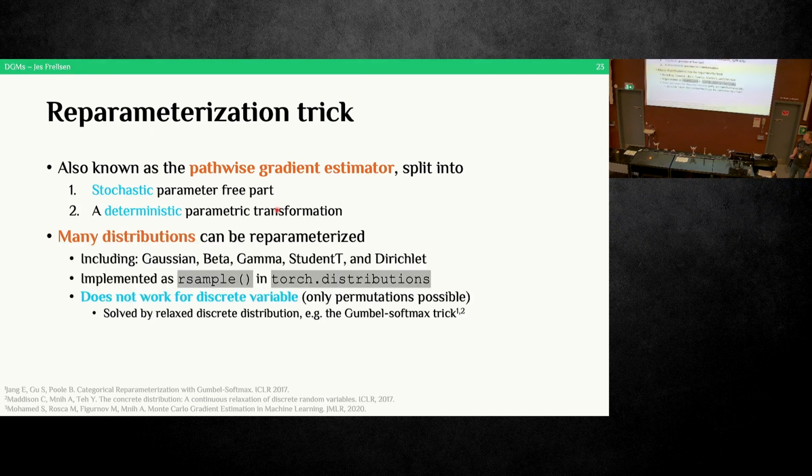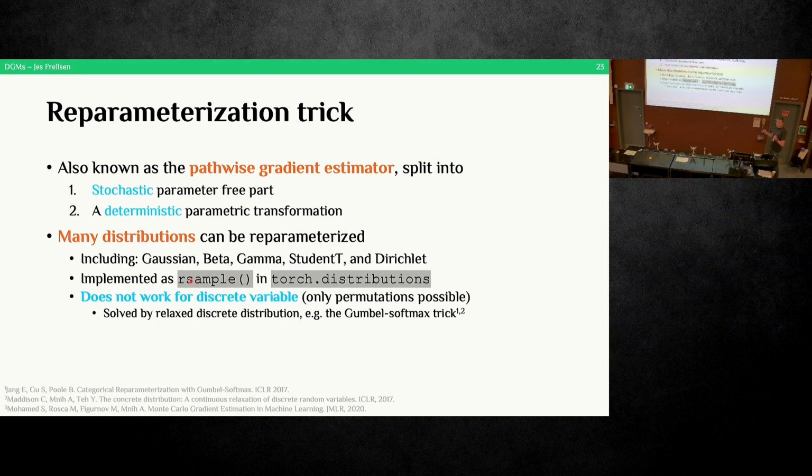the expression. And then I want to mention that many distributions can be reparameterized. The Gaussian can be reparameterized, the beta, the gamma, the Student t, and the Dirichlet distribution. Usually we use the Gaussian as our variational distribution, but we could also use a Student t variational distribution. In the exercises, we're going to look at PyTorch, and in PyTorch distributions, the reparameterization trick is implemented using the rsample function.